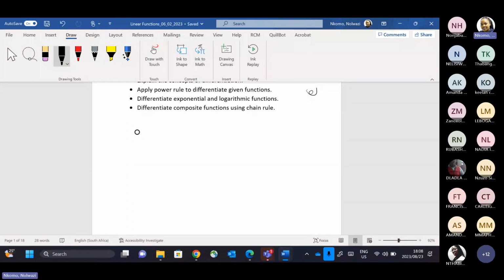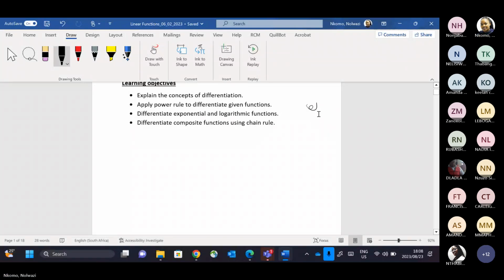As I said, we will cover the power rule, the exponential rule, and the composite and chain rule, which is the rule that is applied to the differentiation of a composite function.